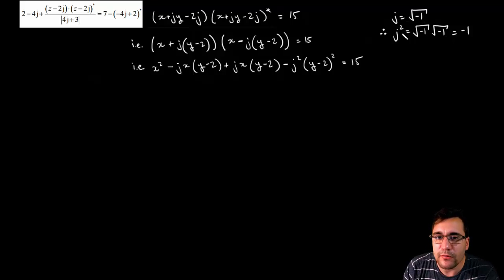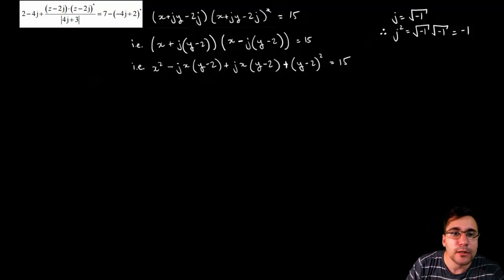So wherever you see a positive j squared, you just replace it with a -1. So in this case, j squared, you replace it with a -1, minus -1. You can just change the sign on this, can't you? This can just become a plus. That's pretty handy.